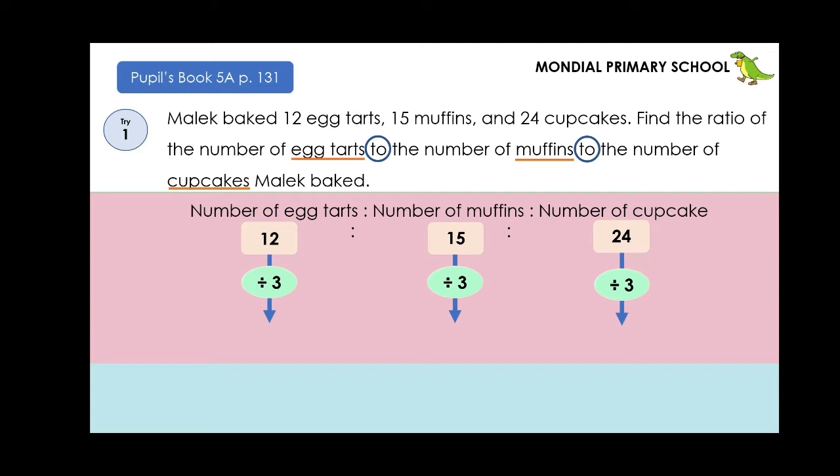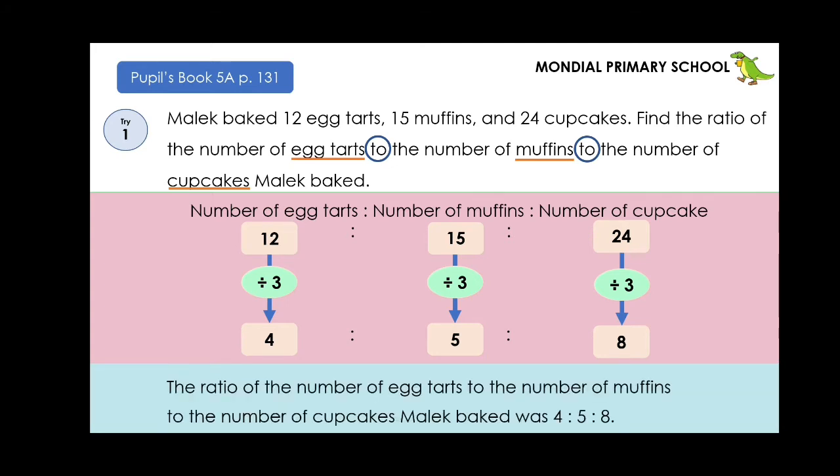What is the ratio in its simplest form then? 4 to 5 to 8. Great job! Remember, you have to write the sentence. So the ratio of the number of egg tarts to the number of muffins to the number of cupcakes Malek baked was 4 to 5 to 8.